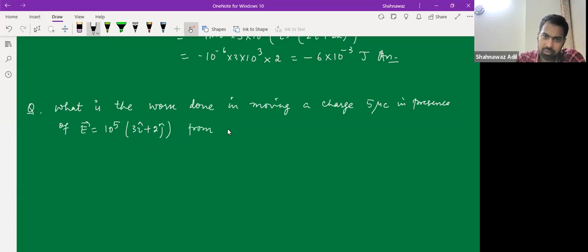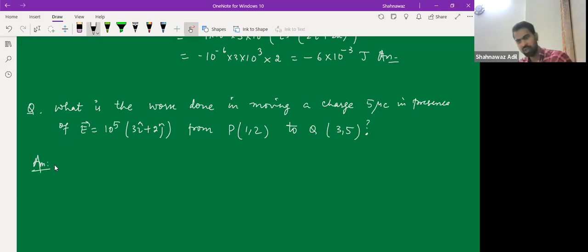From, let's say, P, which is 1, 2, to Q, which is 3, 5. Okay. So you guys calculate and tell me the answer. Yeah, you guys quickly calculate and tell me the answer.